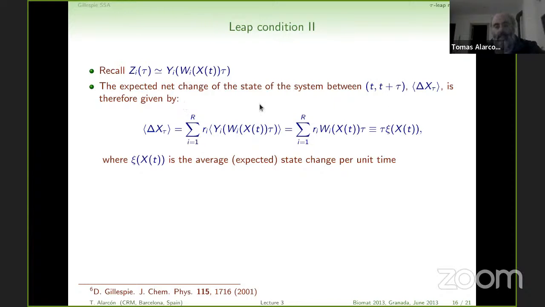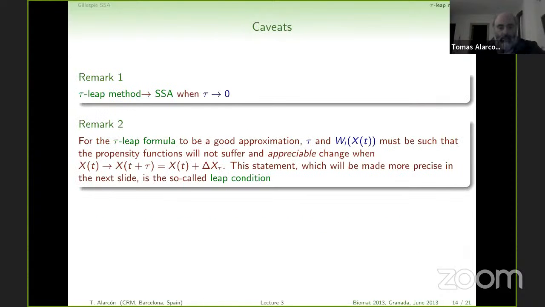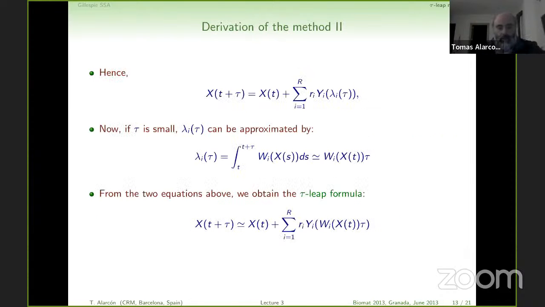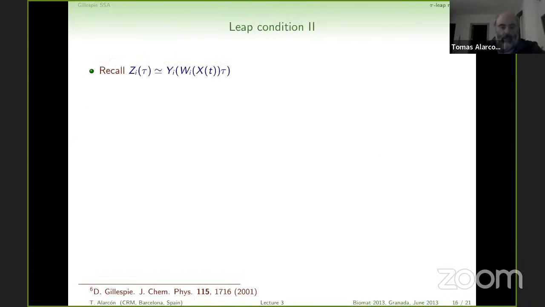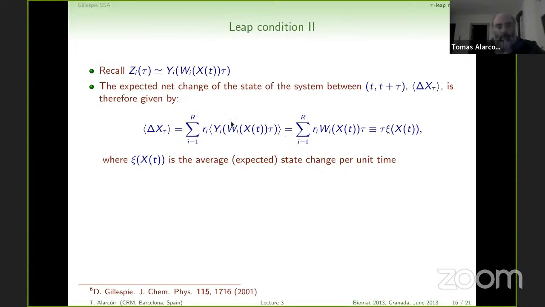So the average net change of the state of the system is given by this quantity here. Basically, we go back here. The change in the state of the system would be x of t plus tau minus x of t, so that would be our delta x, and we take the average of that quantity. And what we get is this.